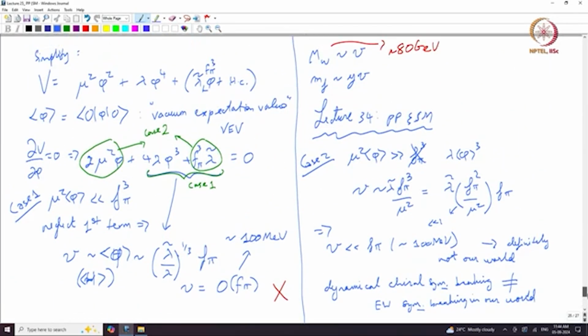See, earlier also I first guessed what the expectation value should be, that is why I wrote the condition this way. In the end that guess turned out to be right, right. In the end the expectation value was around f pi, so that this came out to be true, because indeed mu square is much smaller than f pi squared in this case, and everything worked out, right.